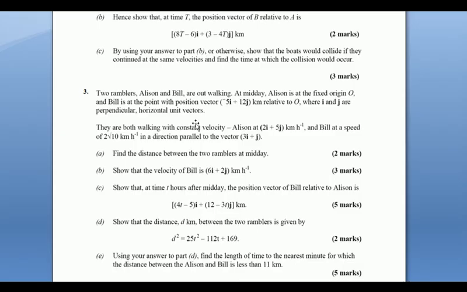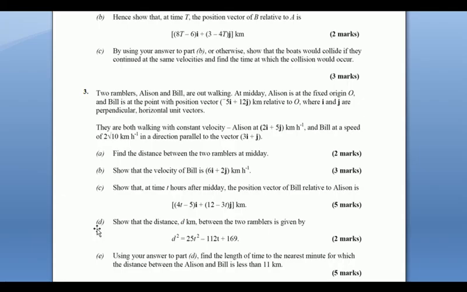So there is a vector called 0 vector. So OA is completely 0. So there is nothing here. And we know that OB, its initial position vector is minus 5i plus 12j. So OB is minus 5i plus 12j.